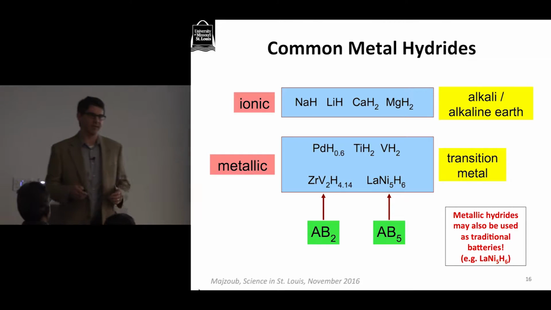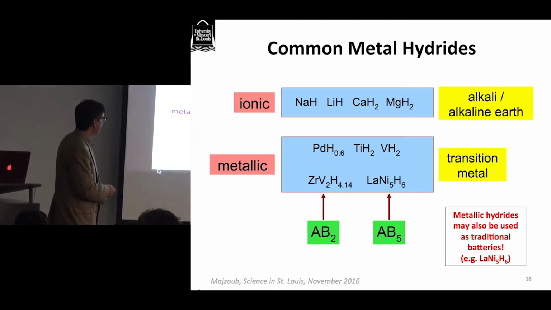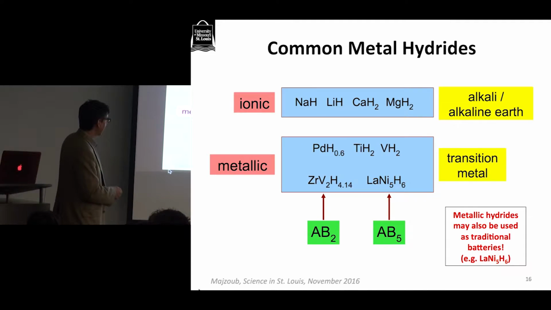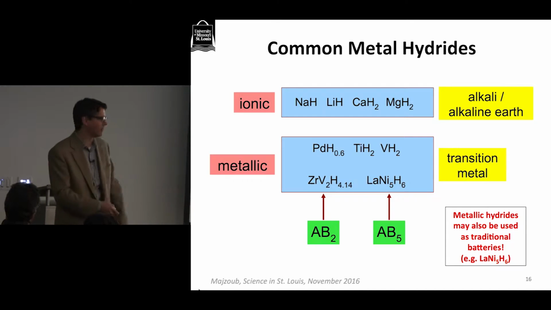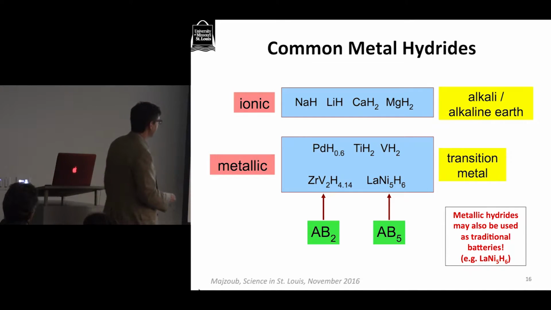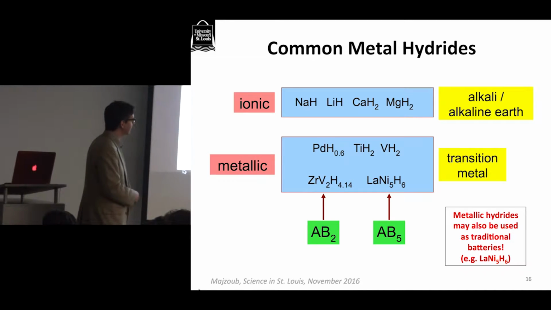In the middle of the periodic table are what are called the transition metal hydrides. Some of these are big heavy metals like palladium, but other lighter metals like titanium and vanadium also form hydrides. These are called the metallic hydrides because they are actually metallic; you could flow a current through them. These are the most well-studied hydrides for applications purposes.